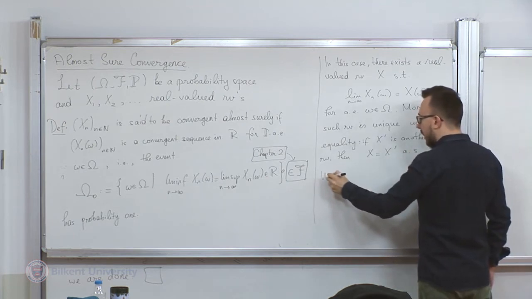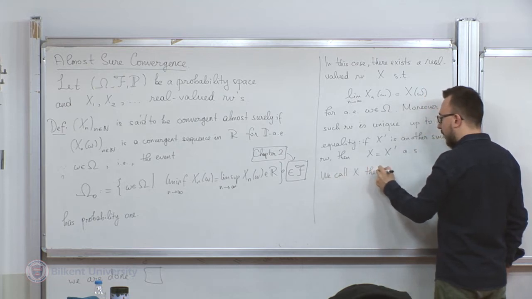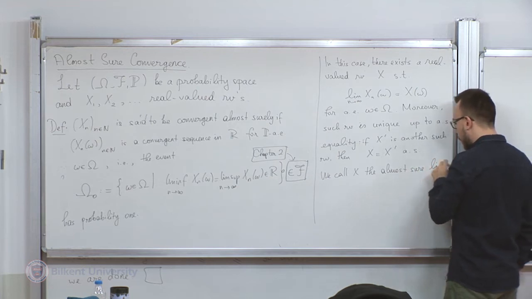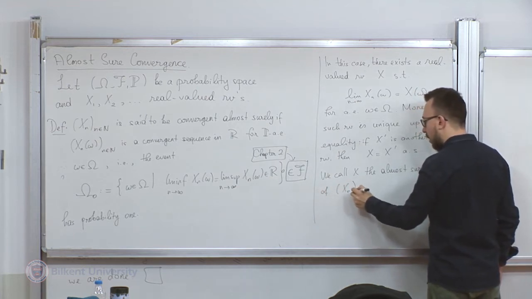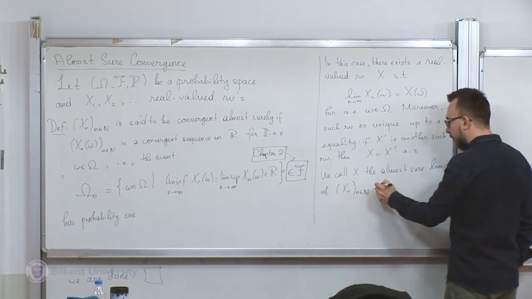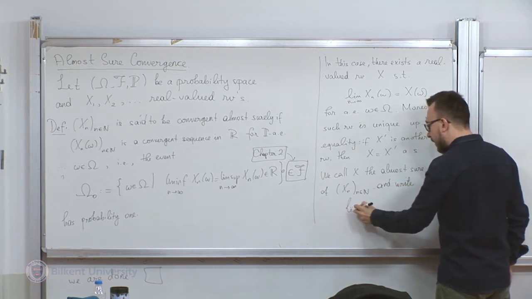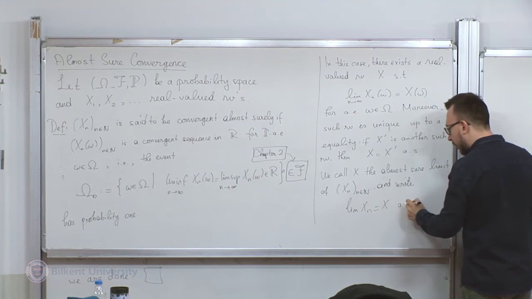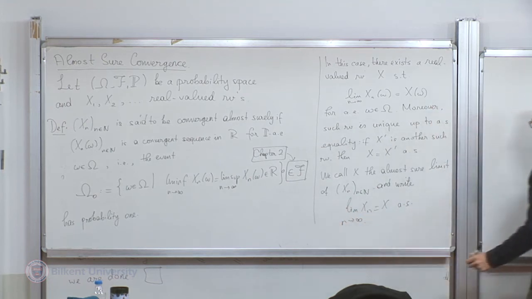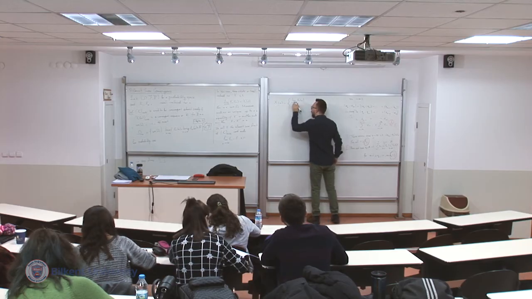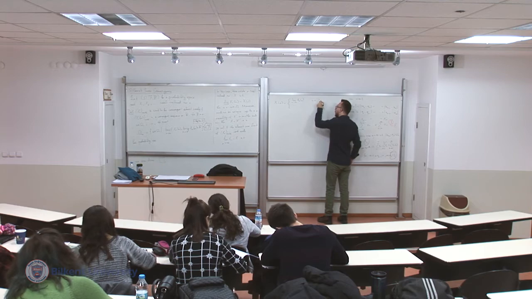So we call x the almost sure limit of the sequence xn. And write that limit of xn is x almost surely. So you have an almost sure event on which you have a limit. Therefore, you can set this limit as the value of x when omega is in omega 0.